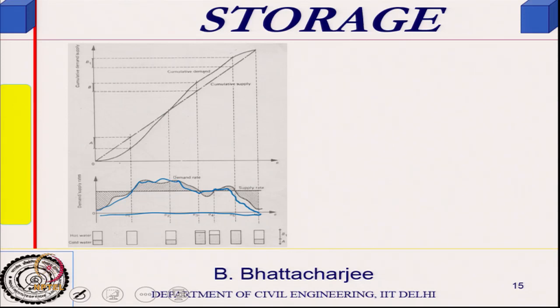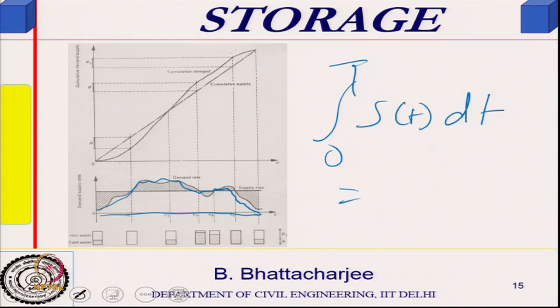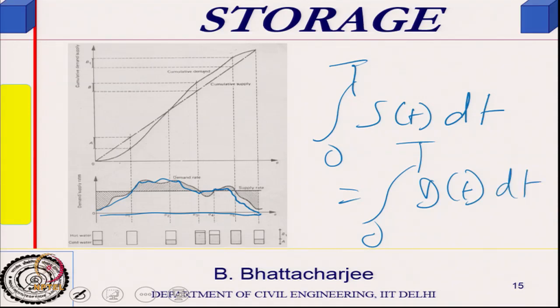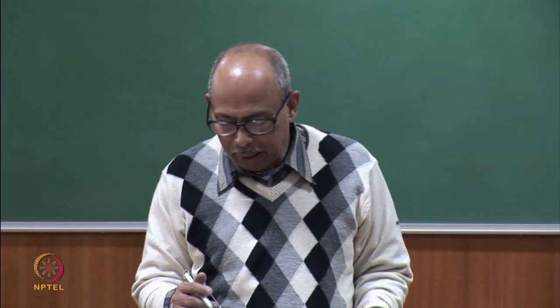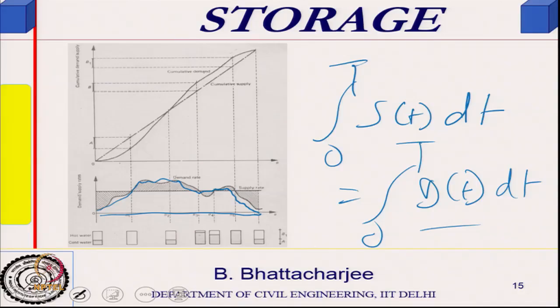Now, as I said, cumulative demand over the time period must be equal to cumulative supply, otherwise I will have overflow and storage, or I will not be satisfying the demand. So, this has to be periodic over the time period, that is 24 hours in our case. This condition must be satisfied.